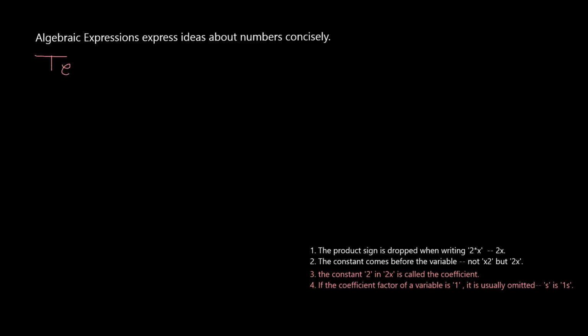An algebraic term usually could be a constant, 5, or it could be a variable x, or it could be a product of two variables x, y, or a variable and a constant, or it could be the quotient of two variables, or a variable and a constant.